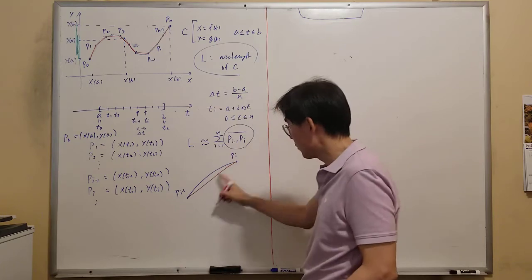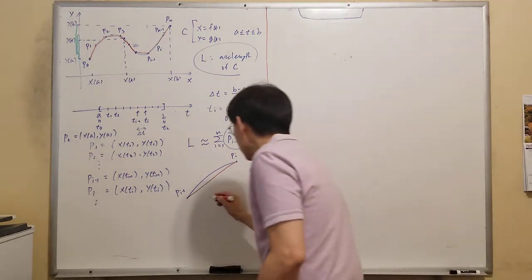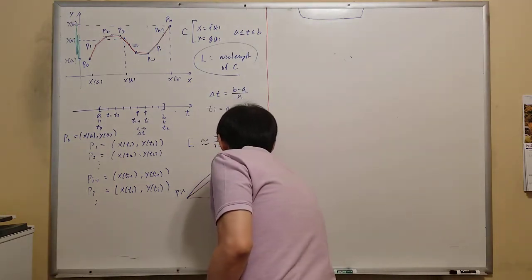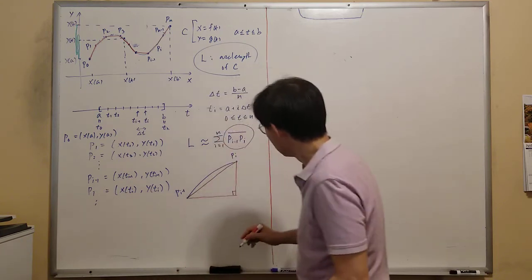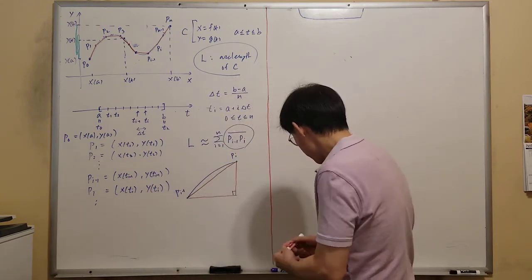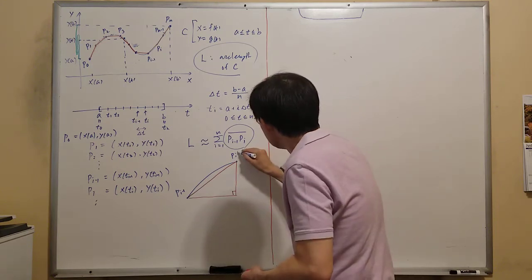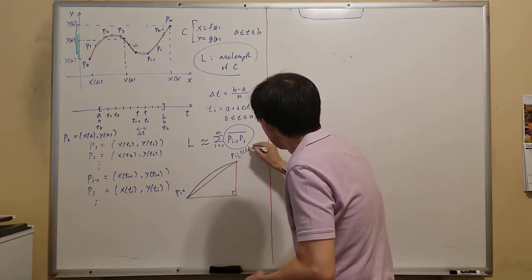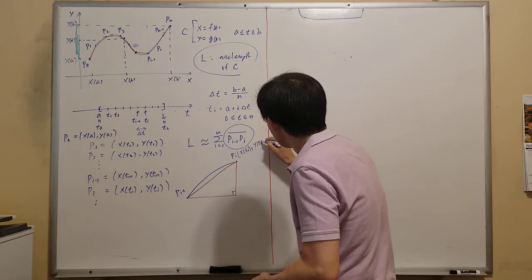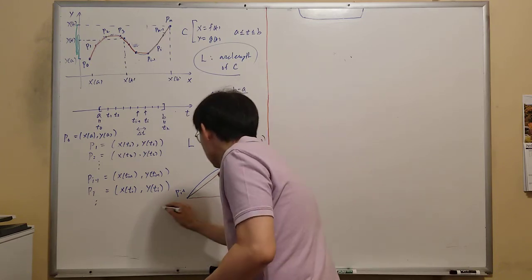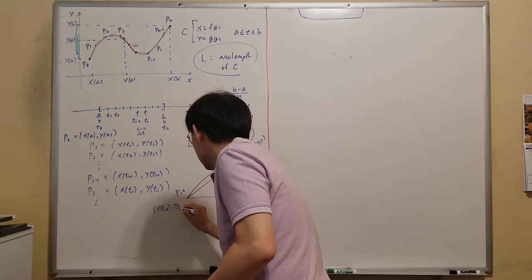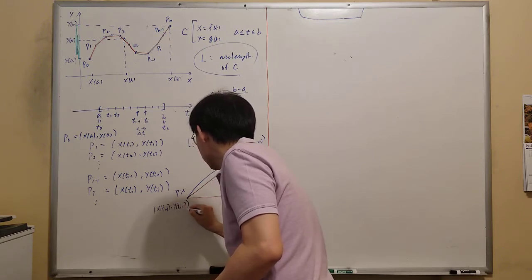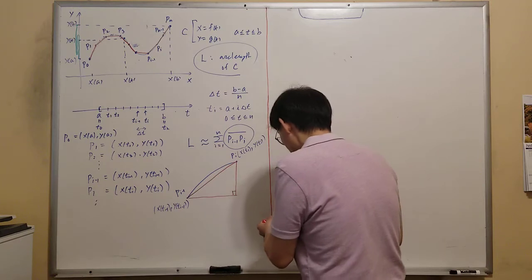We want to find the line segment length. Now, let's draw a right triangle out of this. This is x of t_i, y of t_i. This is x of t_{i-1}, y of t_{i-1}.